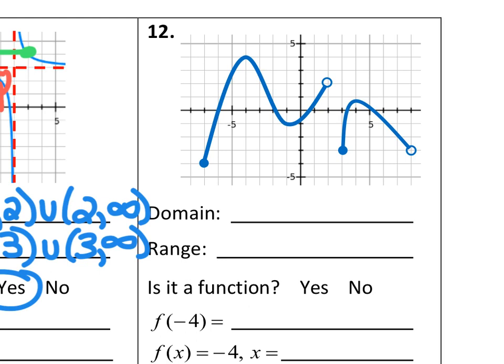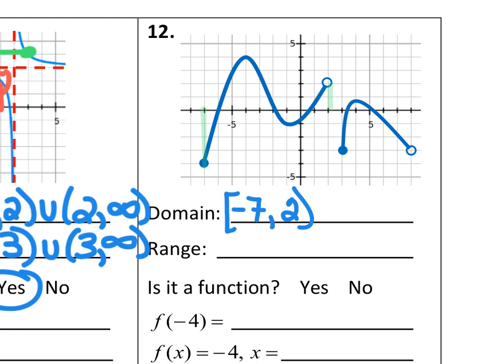So to start with the first part, it goes from left to right, and on the left it's -7, and on the right it's +2. -7 with a square bracket because of the closed circle, to +2 with round parentheses because of the open circle.